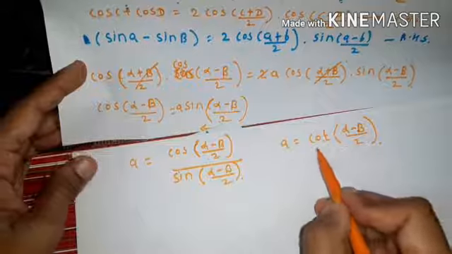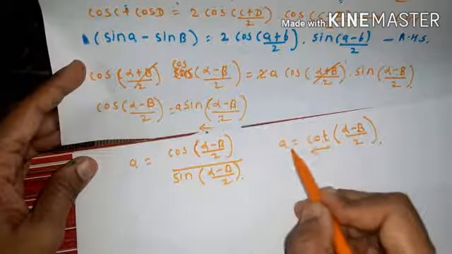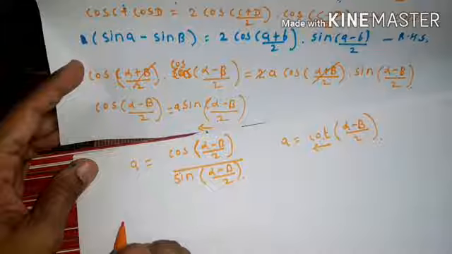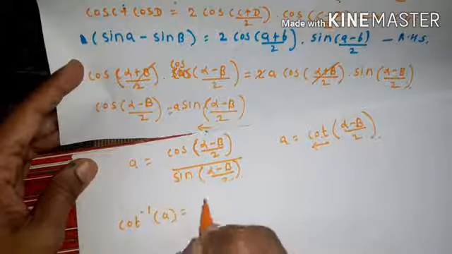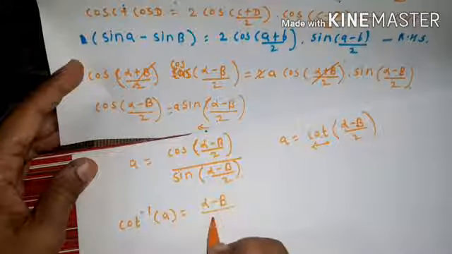Okay. Now shift this cot to that side, we get cot inverse of a equal to (alpha minus beta) upon 2.